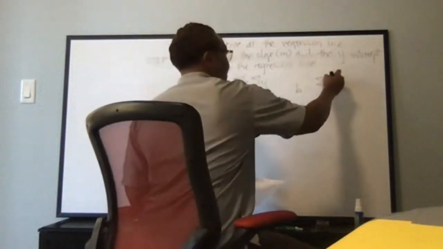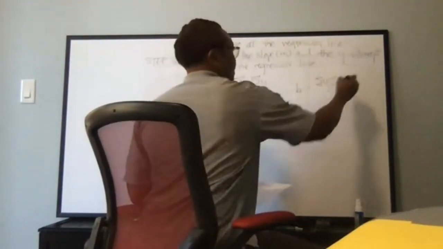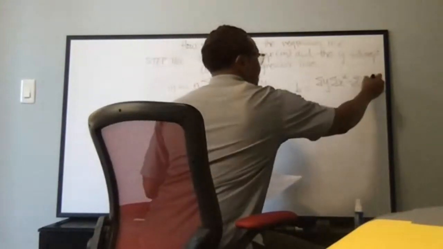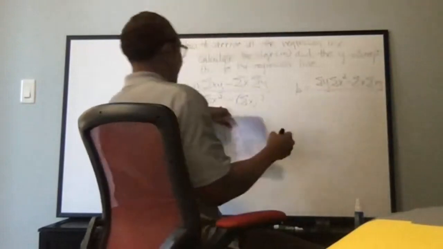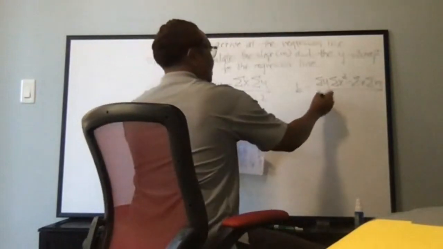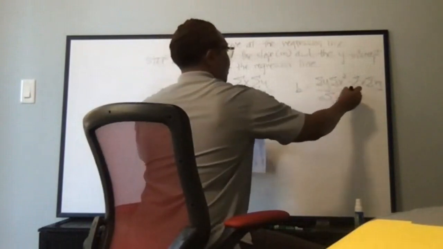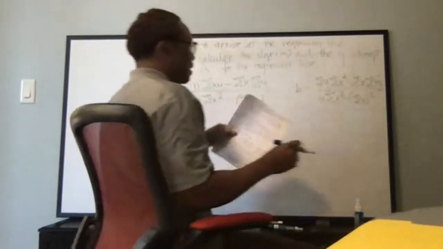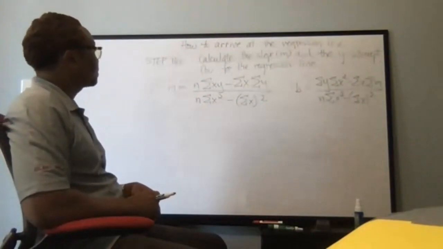Summation of y, summation of x squared, minus summation of x, summation of xy, all over the same denominator right here, n. So just write the same denominator right there all over again. Don't let this scare you, because you're going to see it's going to be very straightforward as we need to solve for it.